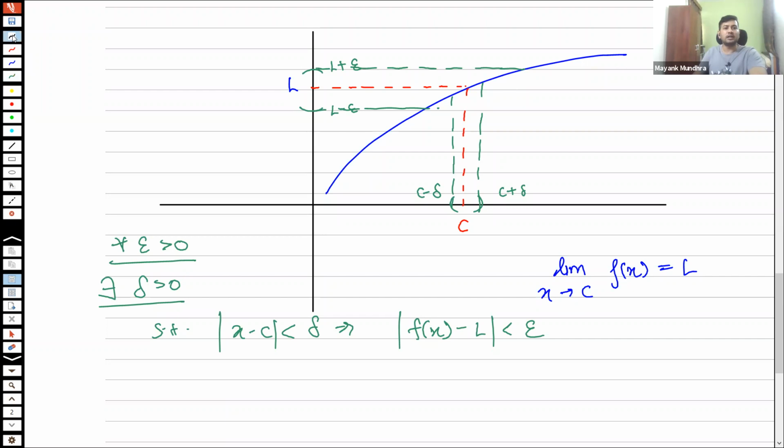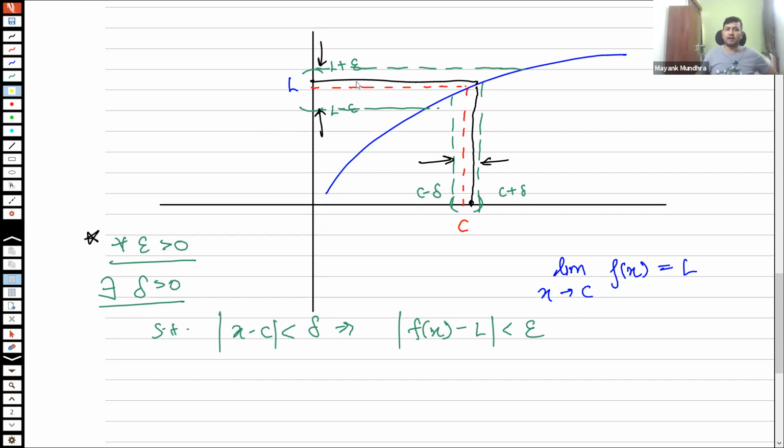you would see that any point in this band on the x-axis will map into this band on the y-axis. These bands could be smaller or larger depending on your assumed values of epsilon. Remember, the story begins from here.